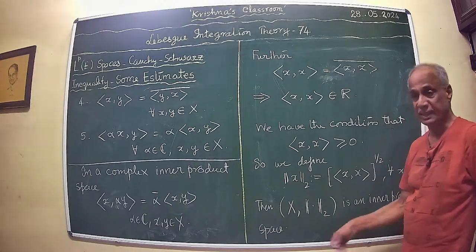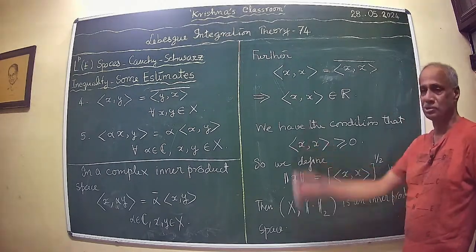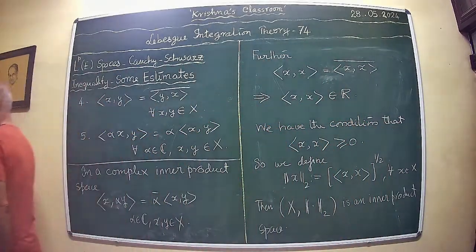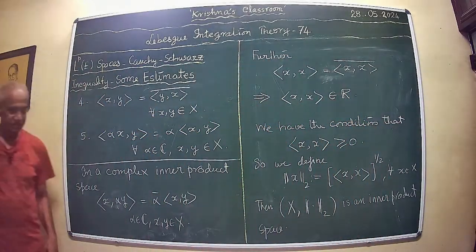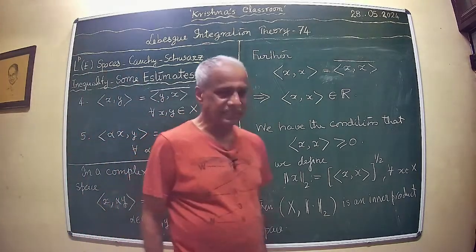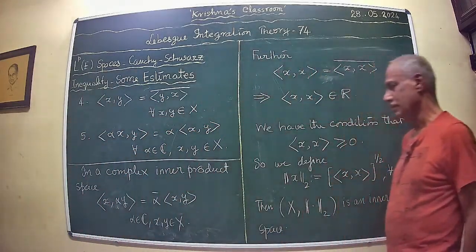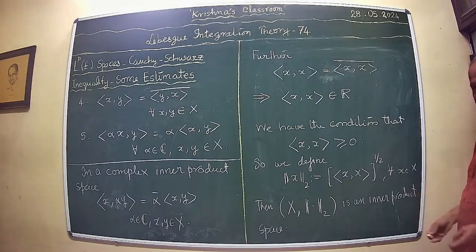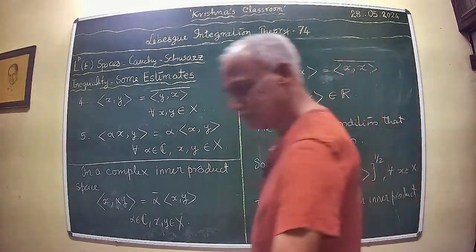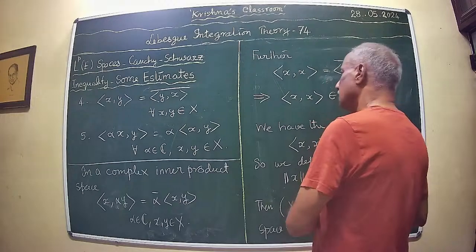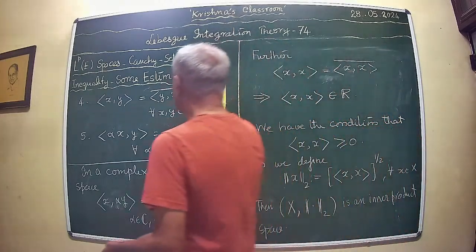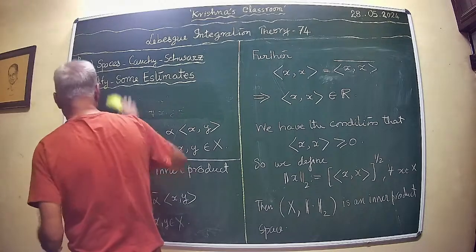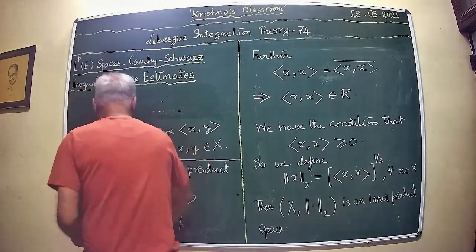But you can always generalize in a very natural way all those things to complex valued functions and a complex inner product. Okay, right. One fascinating inequality that we have often proved in this case is this.